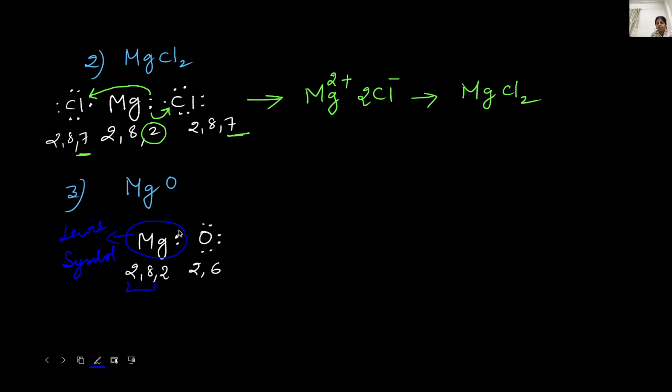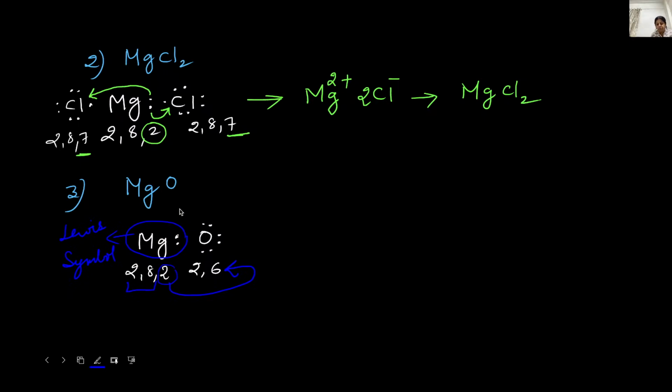Oxygen has a deficiency of 2 electrons, isn't it? It needs 2 electrons to complete the octet, and magnesium has 2 extra electrons. So magnesium will lose these 2 electrons, which are acquired by the oxygen atom.